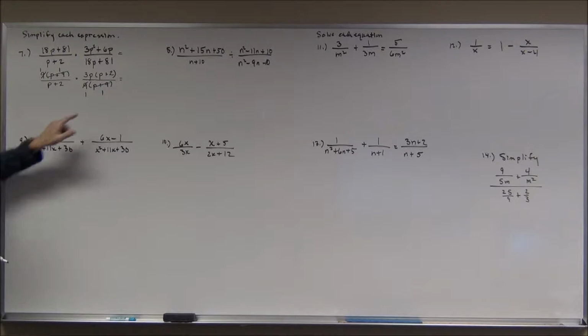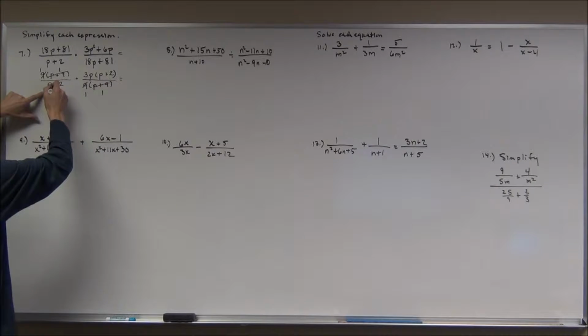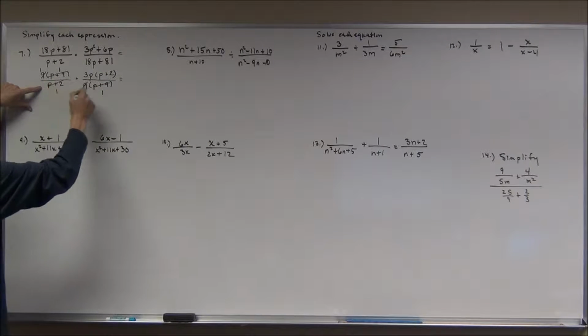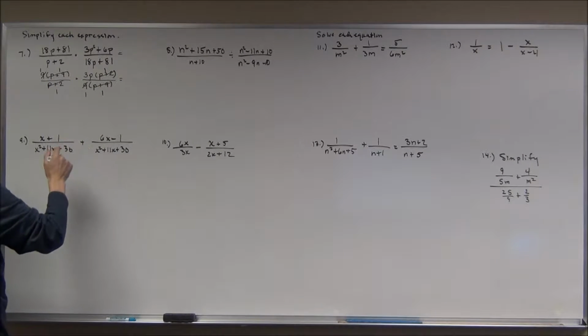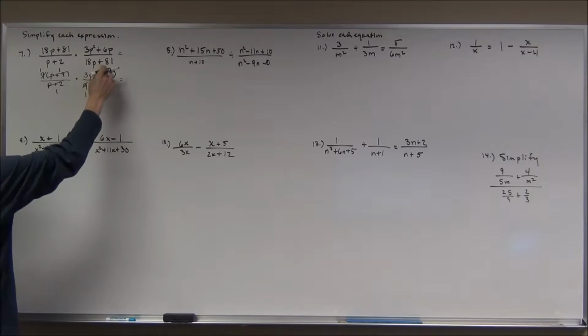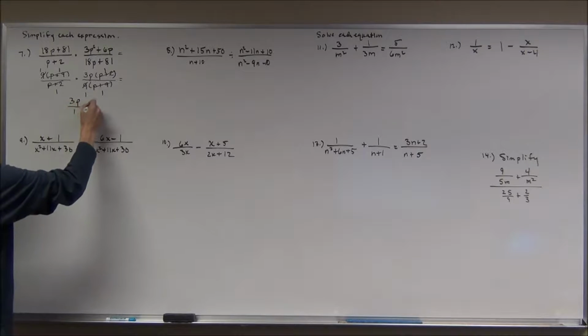Notice I'm leaving the ones there to remind me that all that's left is a factor of 1. I can also cancel the p plus 2's out as a factor of 1. So that's everything in the denominator canceled. So I have 1 times 3p times 1 is 3p, all over 1 times 1 times 1. Well, of course, that's just 3p, and that's what that simplifies to.